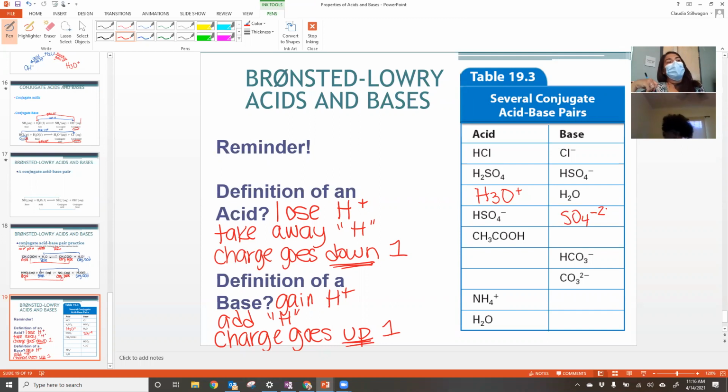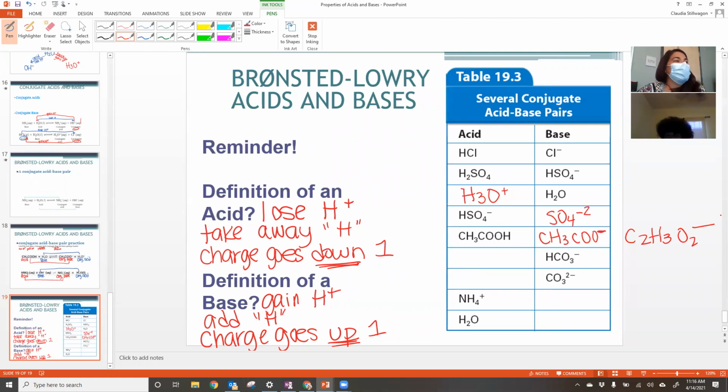So in that next example, which hydrogen do you think it loses? The one on the end. So I'm going to write it the way it's listed here, but I'm going to also show you. Can anybody recognize what that is? It's just acetate.